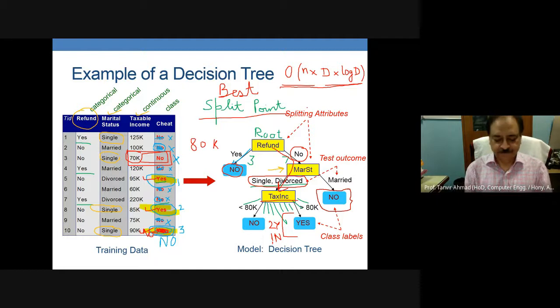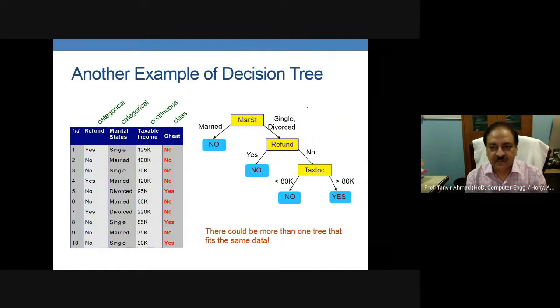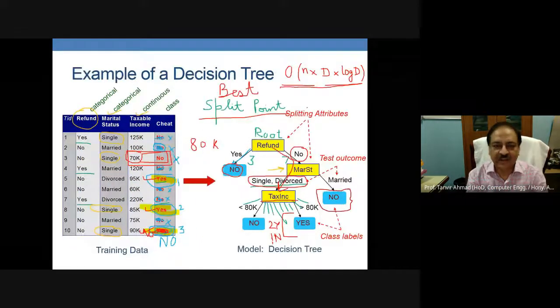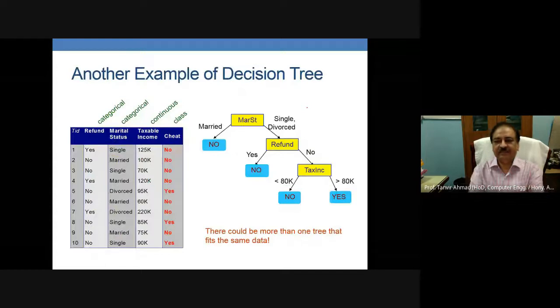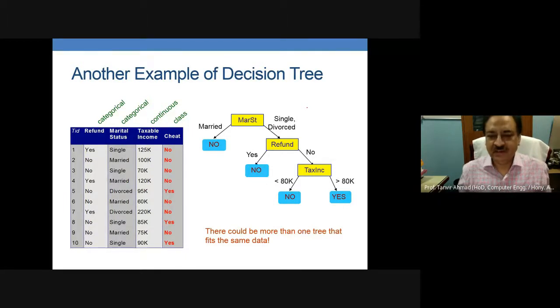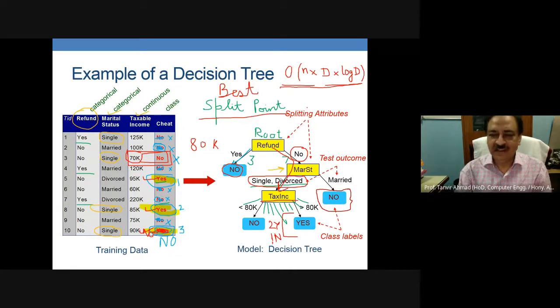Any questions? Now we'll discuss this problem. We'll take the problem which is given here, and we'll try to show you how the information gain works. Now this is the tree, but from here I get it like this. Now this could be another tree, where refund is at the top, and you get a tree like this.